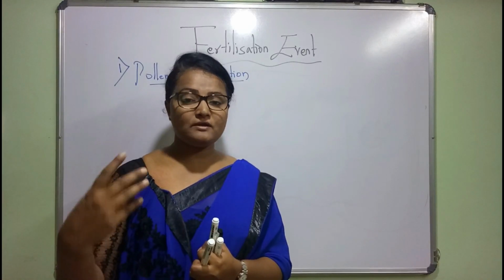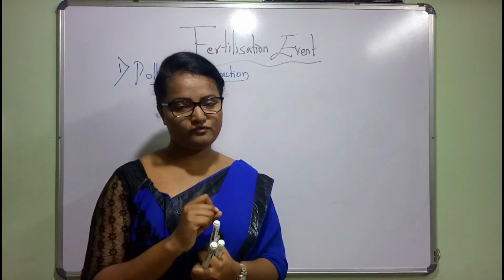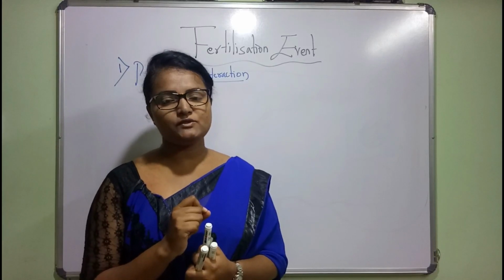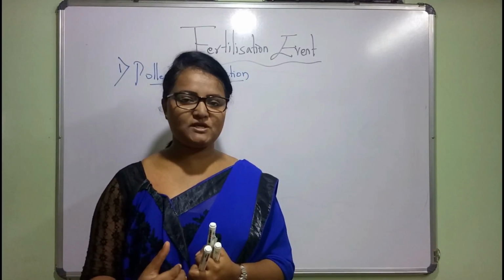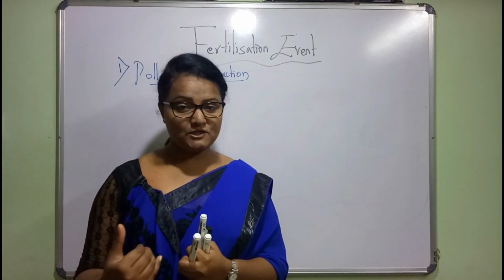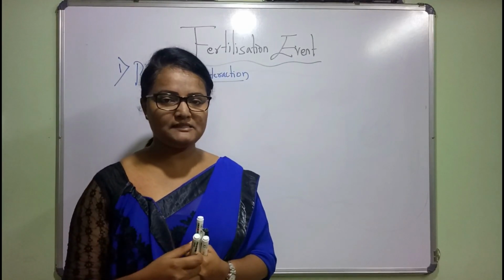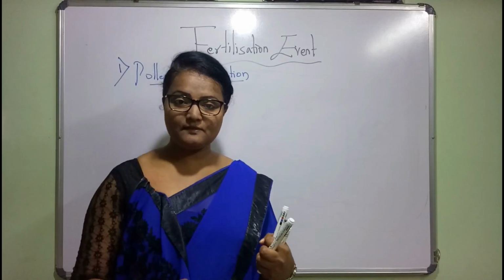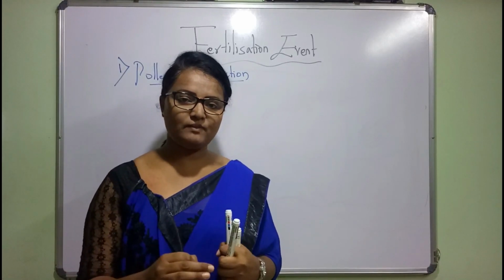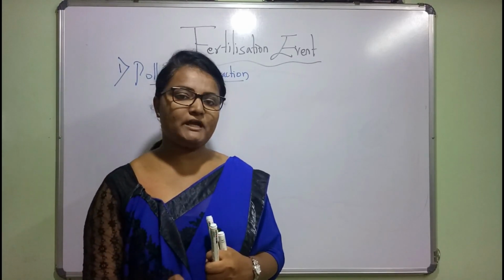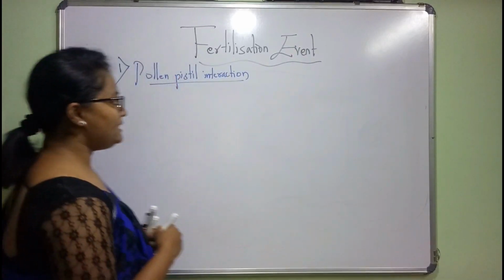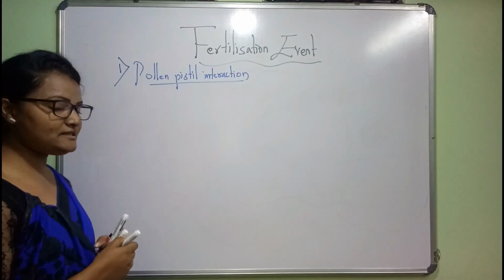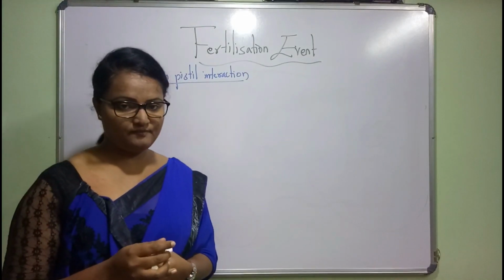Before fusion of the male and female gamete, there are some different steps which they perform, especially the angiosperms, that is flowering plants. The changes are taking place now with respect to the gynoecium or pistil. So the first step is pollen pistil interaction.